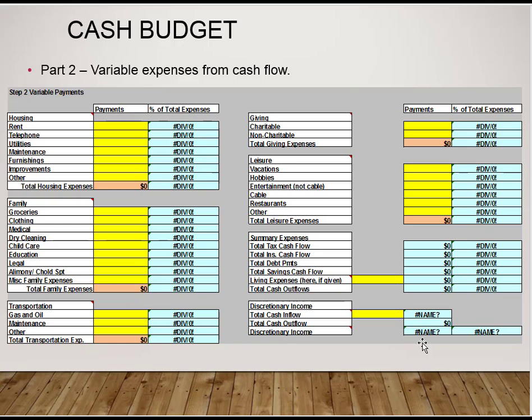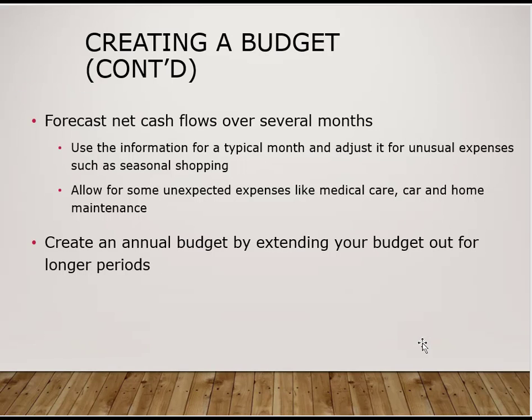Maybe you're already investing in your company's retirement. If you have a financial plan, maybe it'll tell you whether you need more money or whether you're funding it properly. Maybe you just want to start saving for some major purchase. This is the information that we get from this discretionary income. So we want to forecast these net cash flows over several months, right?